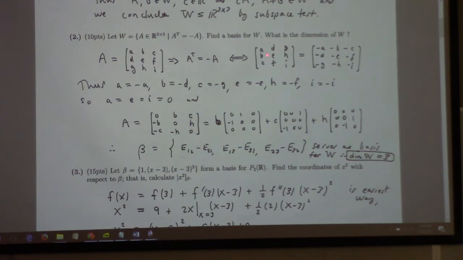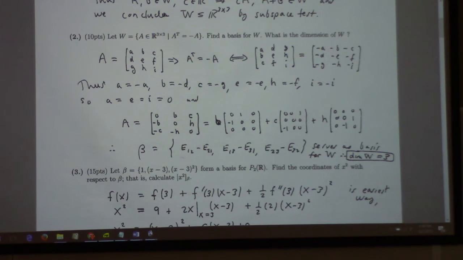And also the off-diagonal ones have to match up to a sign, right? So generically, this is what a 3 by 3 antisymmetric matrix looks like: B, C, H, and then minus B, minus C, minus H. So you can rip it apart as a sum of these 3 basic matrices, and these are going to form your basis.